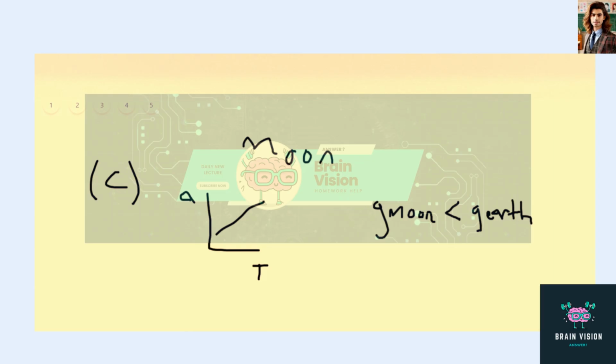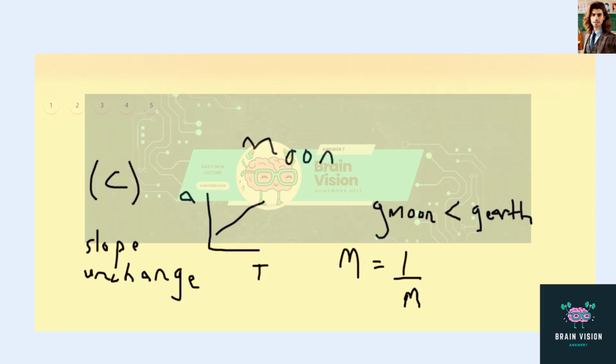So that slope, since it was only dependent on the mass, which doesn't change no matter the planet you're on, it was 1 over big M. So the slope is going to be unchanged. But since the y-intercept depends on g, it'll decrease. So slope unchanged, so you'll just get a shifted line.